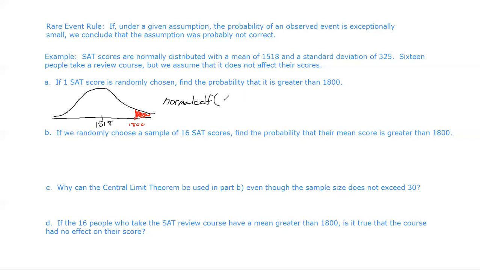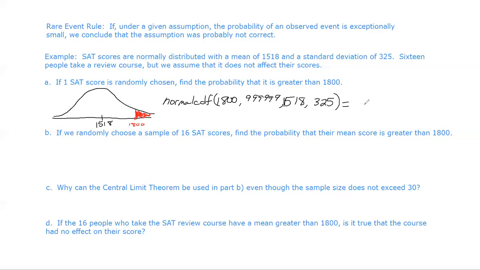The lower bound is 1800. The upper bound is not set, so I'm going to throw a really big number in there because it includes the tail. My mean is 1518. And my standard deviation is 325. Put that into the calculator and see what you get.